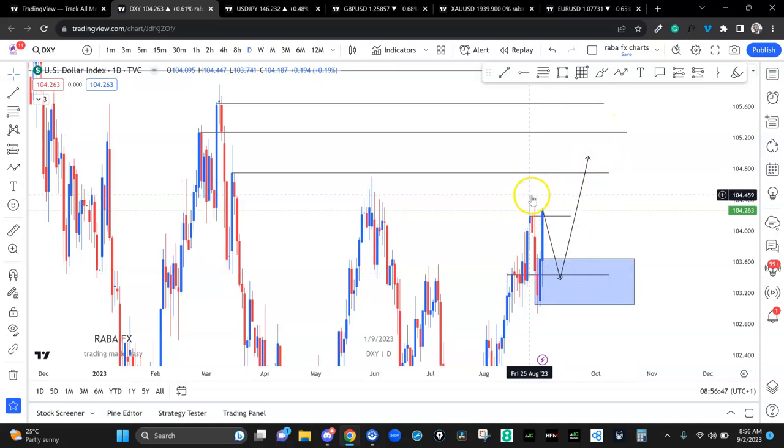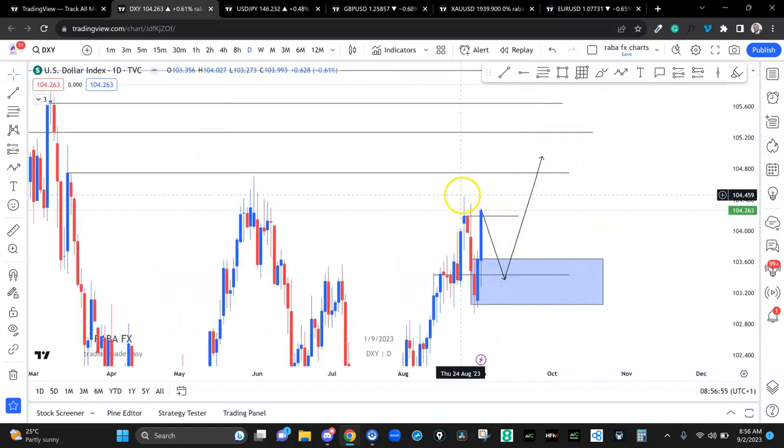Most traders will want to clear this high before moving, but from my experience of trading the opening price strategy, I don't need price to close in here to have a shift of market structure. Instead, if price comes back down here, I will take a trade. This will be my first target, second target.